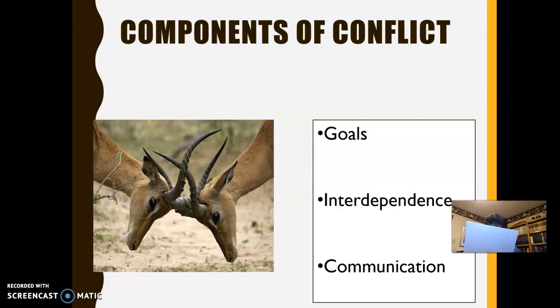So goals are whatever each party is attempting to attain in the relationship. Interdependence is the action that one party has influence over the actions of the other. And until one person communicates about the conflict, neither knows that they are involved in conflict at all.